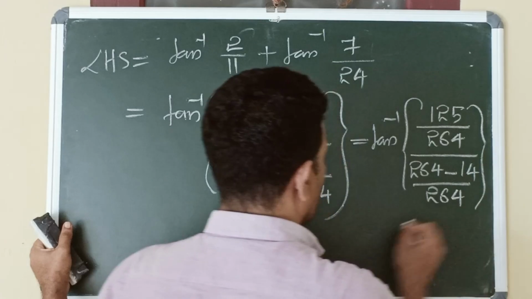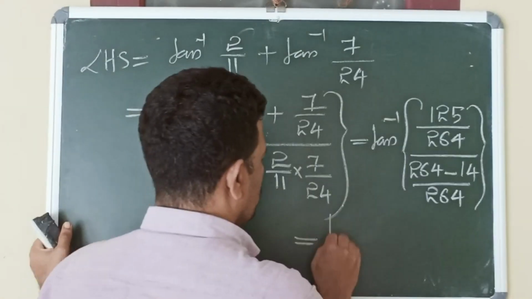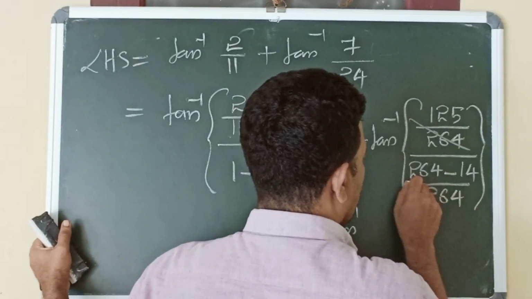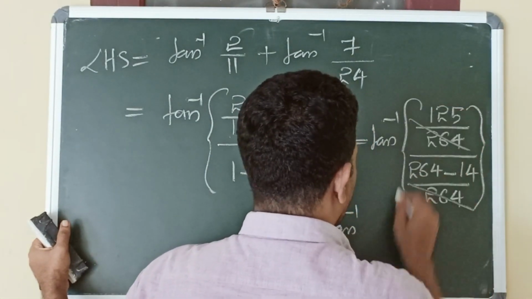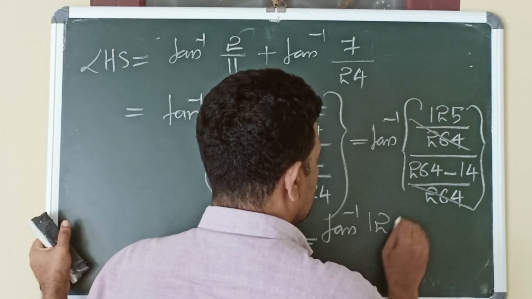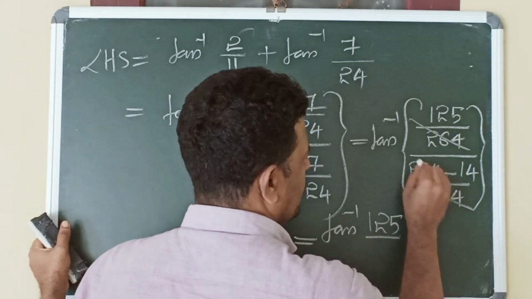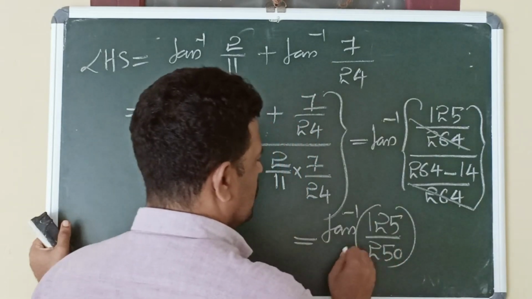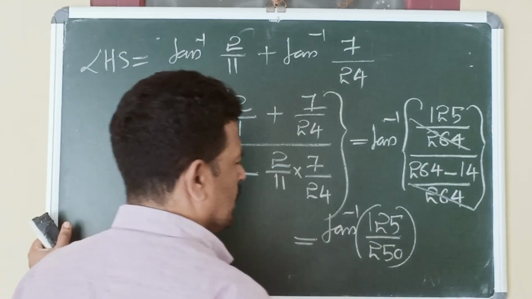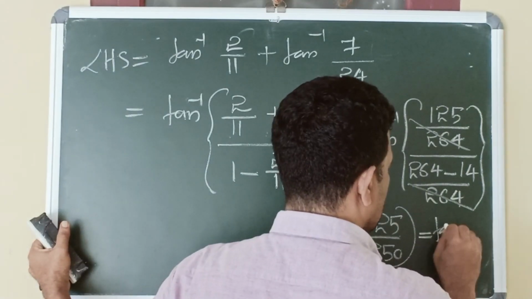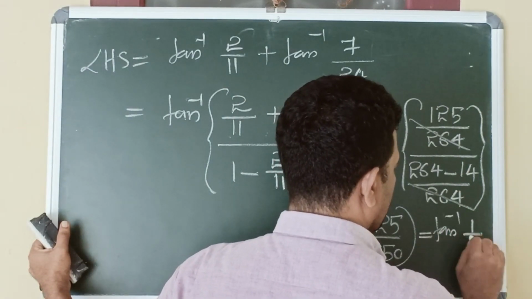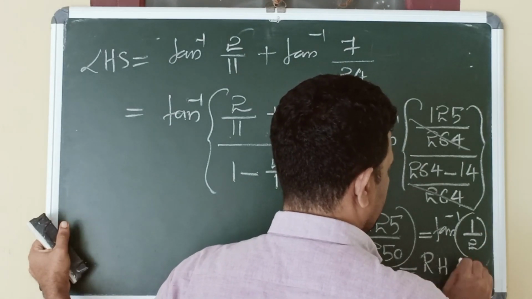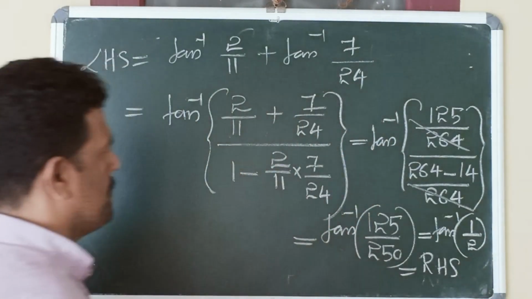That is equal to tan inverse of 125 divided by, 264 cancels, 264 minus 14 which is 250. Therefore the answer is tan inverse of 125 divided by 250, that is equal to tan inverse of 1 by 2. That is the right hand side of the problem. Hence the proof.